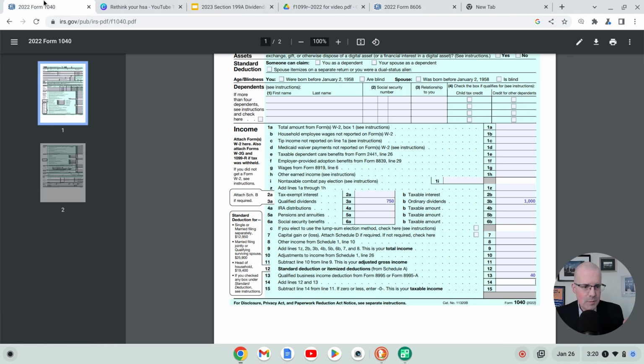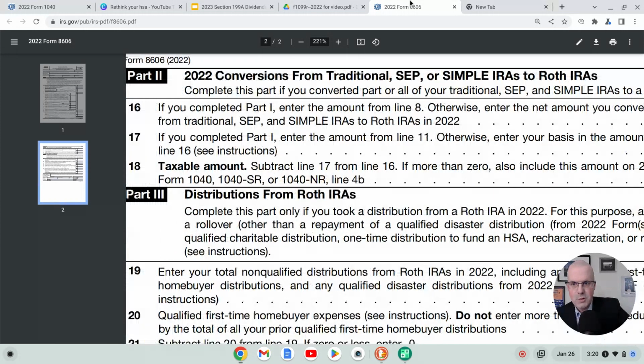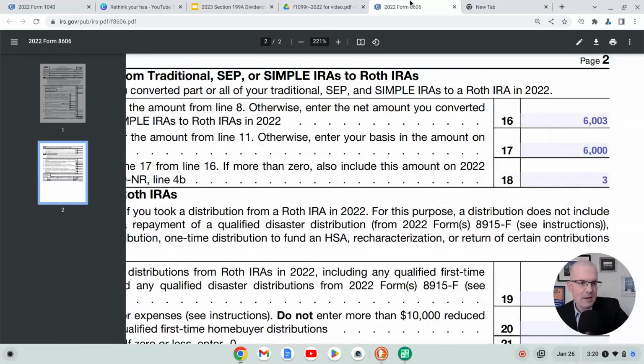So then what do we do? We go to our Form 1040 and we've got to go find these IRA distributions, right? And in box 4A, you've got to put the gross amount. That's 6,003. That's the gross amount. And then the taxable amount comes from this schedule we just did, this part 2 on the 8606, and the taxable amount is that line 18, the $3, right?